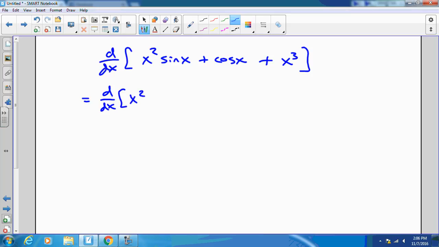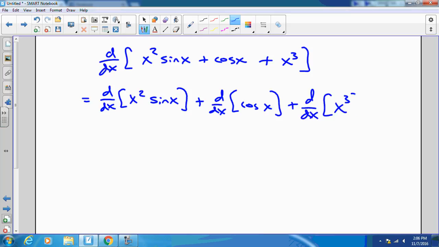So we can walk through term at a time, just like we can with our polynomials, and take first of all the derivative of x squared sine x, plus the derivative of cosine x, plus the derivative of x cubed.